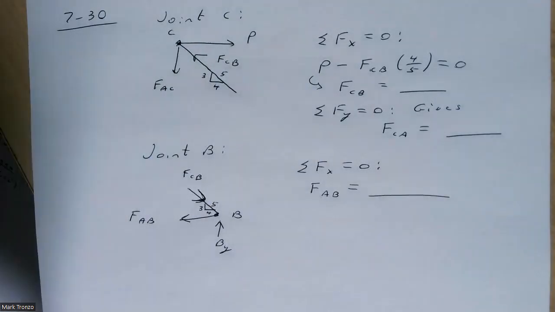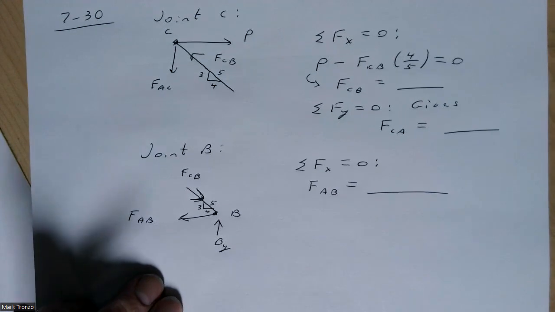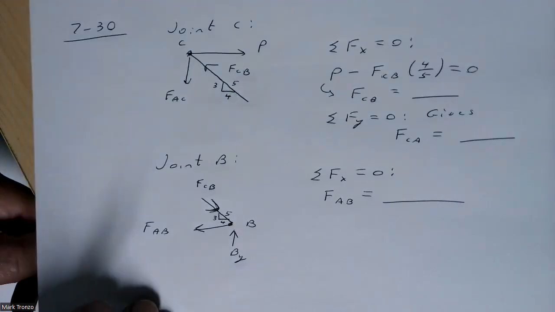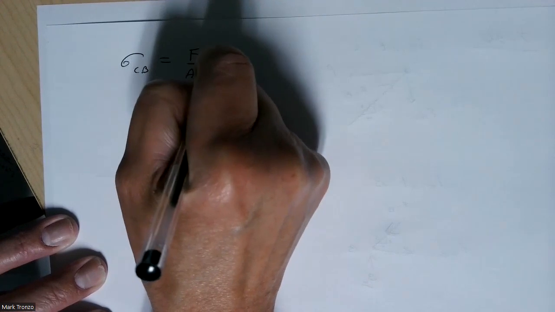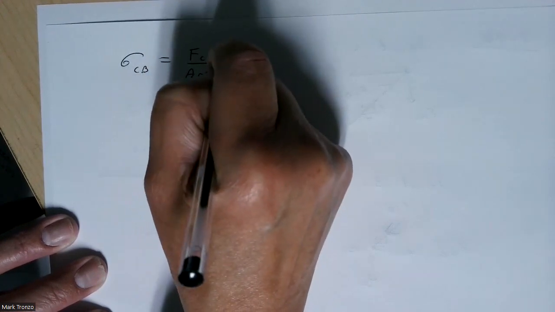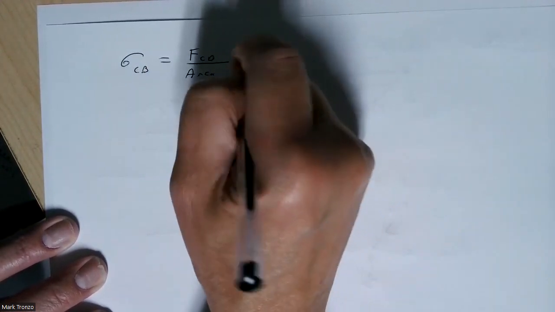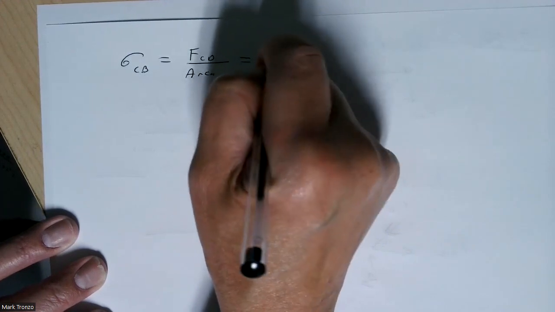Then, once you found those, you can go and find your stresses. So the stress in CB is going to be whatever you found for CB divided by the area of CB. And I think the area on all these were the same.